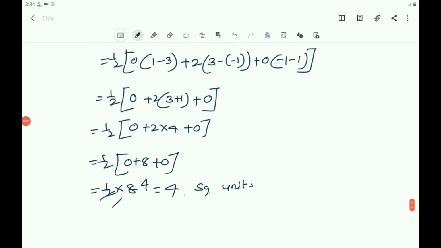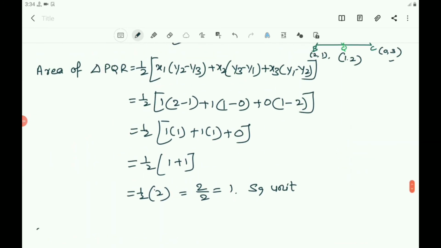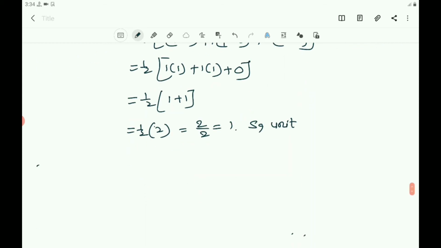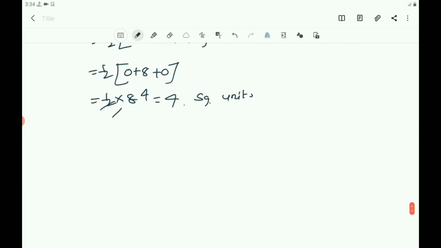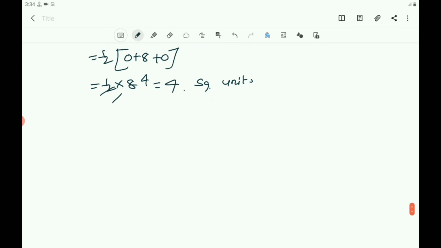Now you got that area of the triangle PQR is 1 square unit and area of the triangle ABC is 4 square unit.